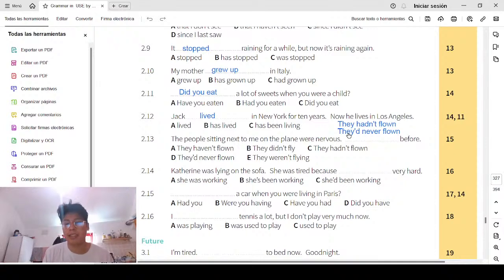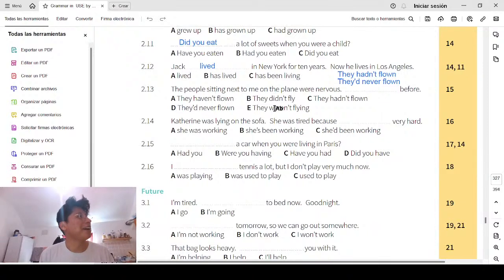Double negation doesn't exist in English. In my native language it does exist, but in English, no. Sometimes I question myself, am I really speaking my native language, so anyway.